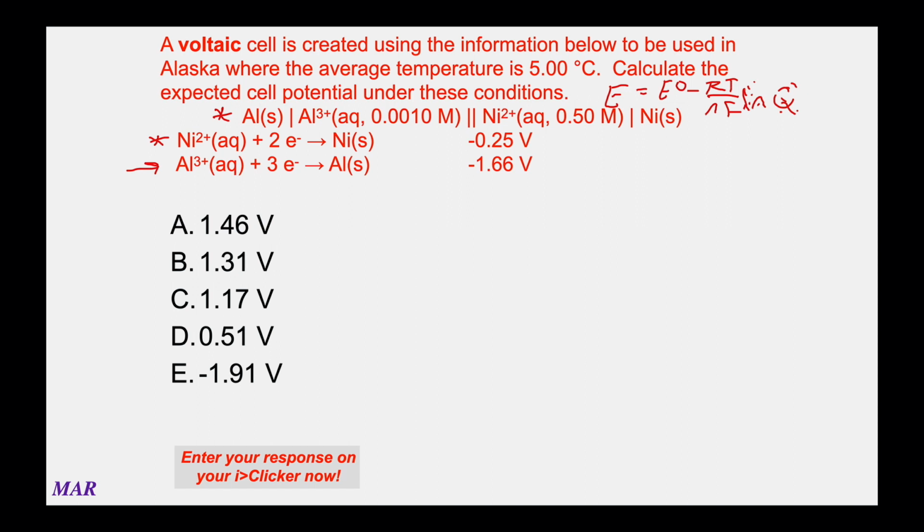And like I said, flip the aluminum reaction around, positive 1.66 minus 0.25, whatever that is, that's E naught. That's the standard conditions for this reaction. Then RT over NF.